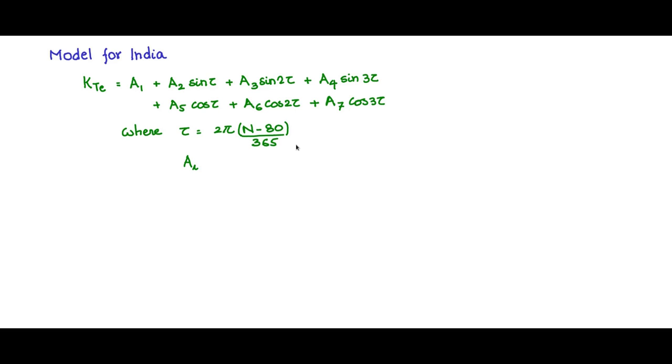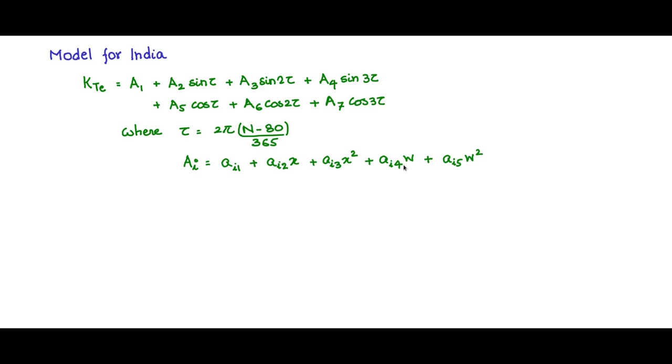Then the AIs are of this form: AI1 plus AI2 x plus AI3 x square plus AI4 w plus AI5 w square. So now what is W? W is the water vapor content in the vertical column above the locality.